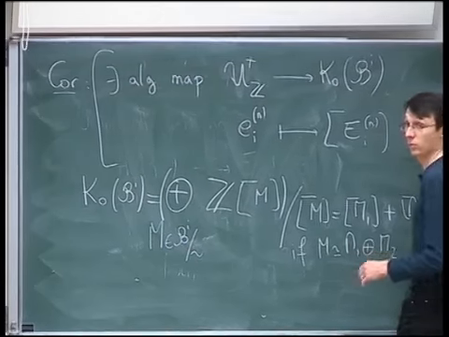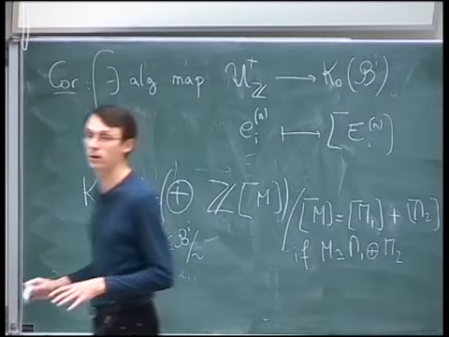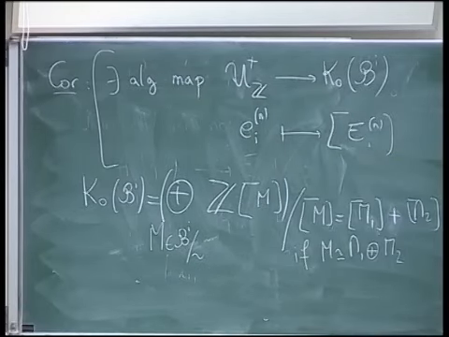That's sometimes called the split Grothendieck group. There is no notion of subobjects or quotient objects, and the only notion of exact sequence that makes sense is the notion of split exact sequences. So you use that to define a Grothendieck group.